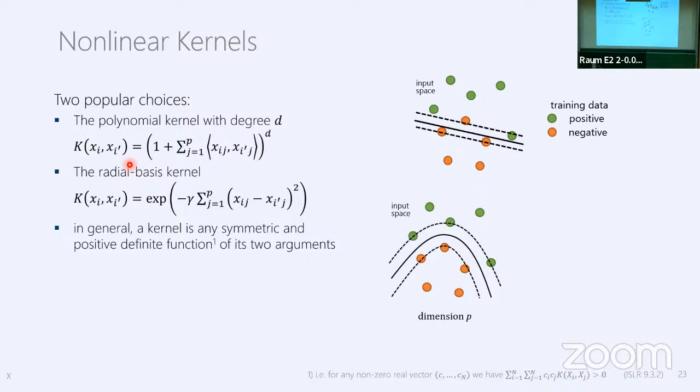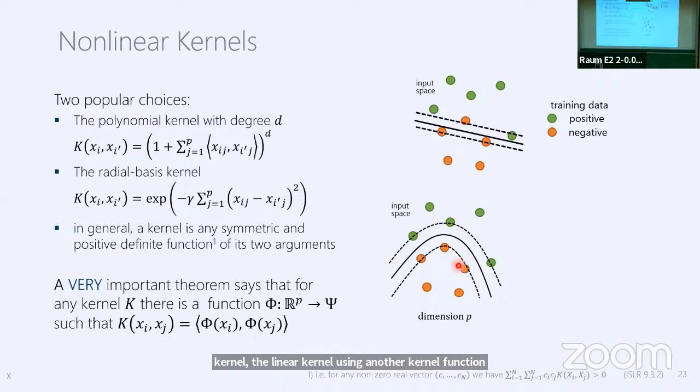Okay, we can continue. Where we stopped was we talked about these decision boundaries. We have the linear decision boundary with the normal kernel, the linear kernel. Using another kernel function, we get the nonlinear decision boundary. A very important theorem says that when I choose any kernel function, this kernel is equivalent to, again, a linear dot product in some other space phi.